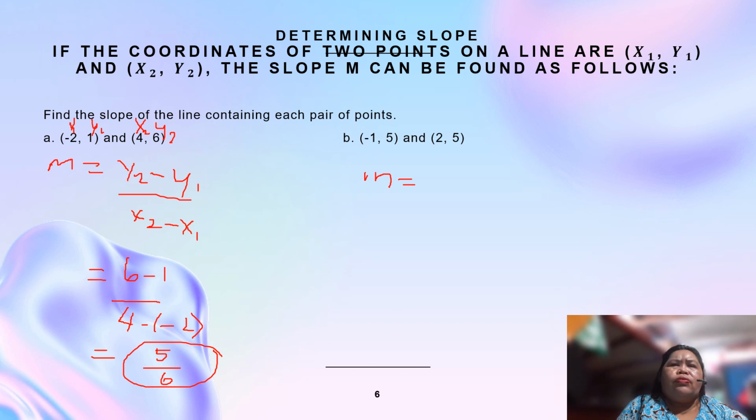For y sub 2, we have 5 minus 5 over 2 minus negative 1. So we have 5 minus 5 is 0 over 3, which is equal to 0. So you have 0 slope.